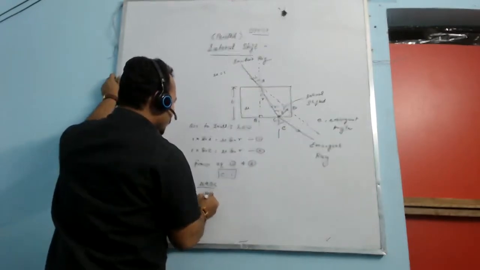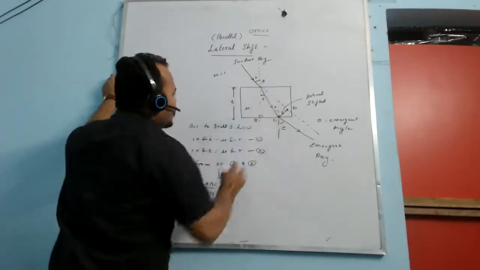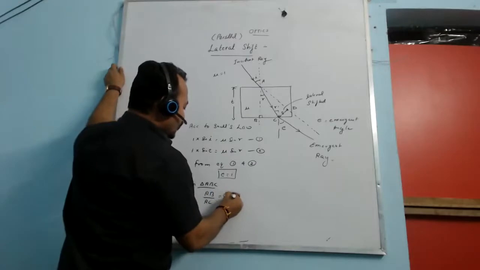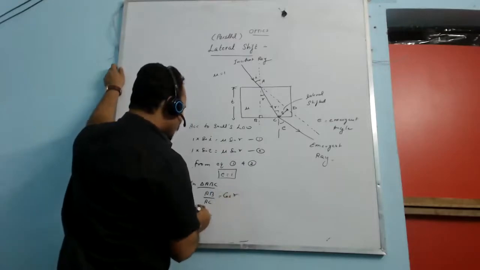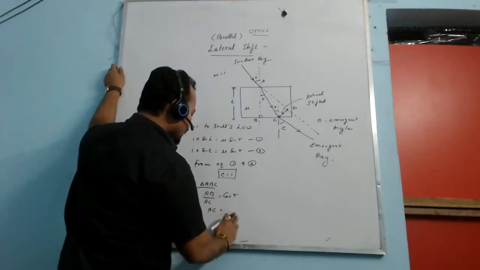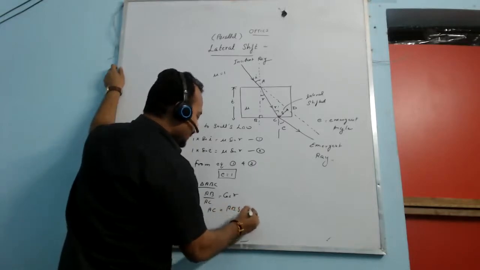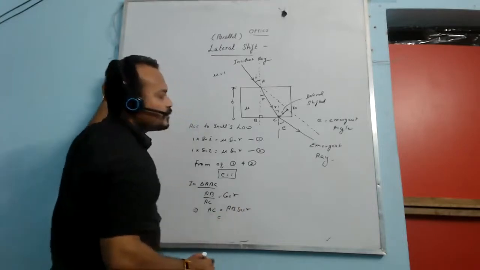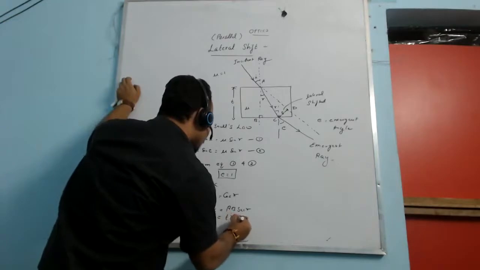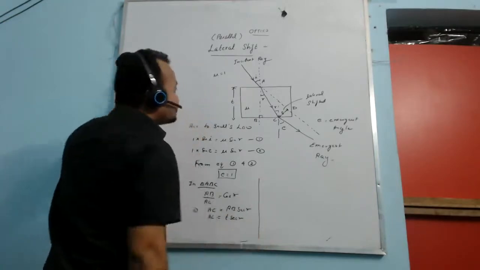AB acts as the base in triangle ABC, and AC acts as the hypotenuse. Then AB upon AC equals cos R, so AC equals AB sec R. AB is equal to the thickness of the glass slab T, so AC equals T sec R. We have calculated the value of AC.